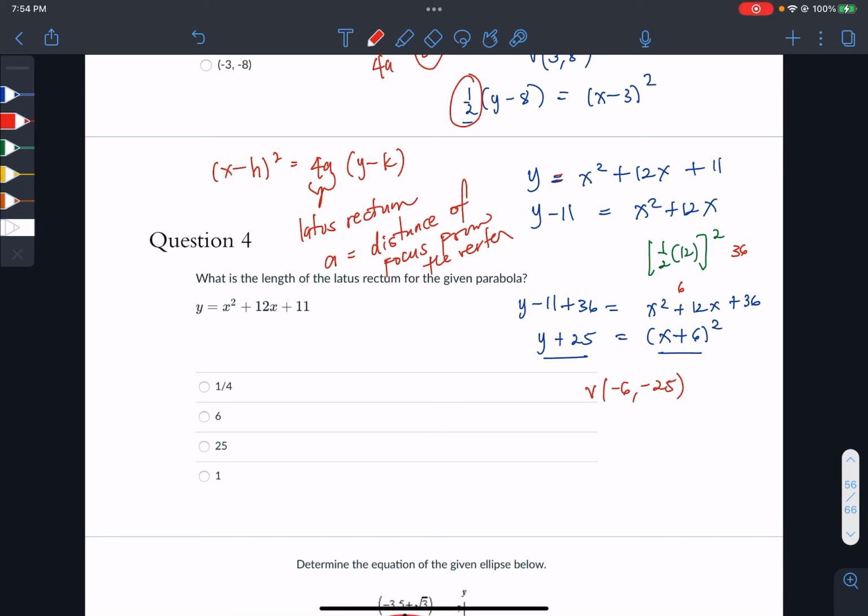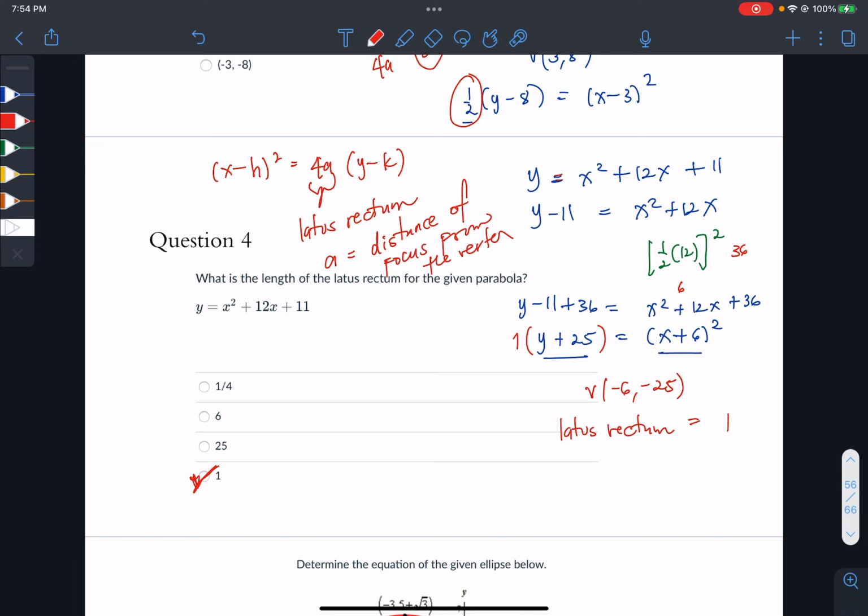Kaya lang, ang lattice rectum niya would be, ano ba nakamultiply dito? 1. So therefore, the lattice rectum length is equals to 1, which is this one. So yung 4a natin, diba? So that is the length of the lattice rectum.